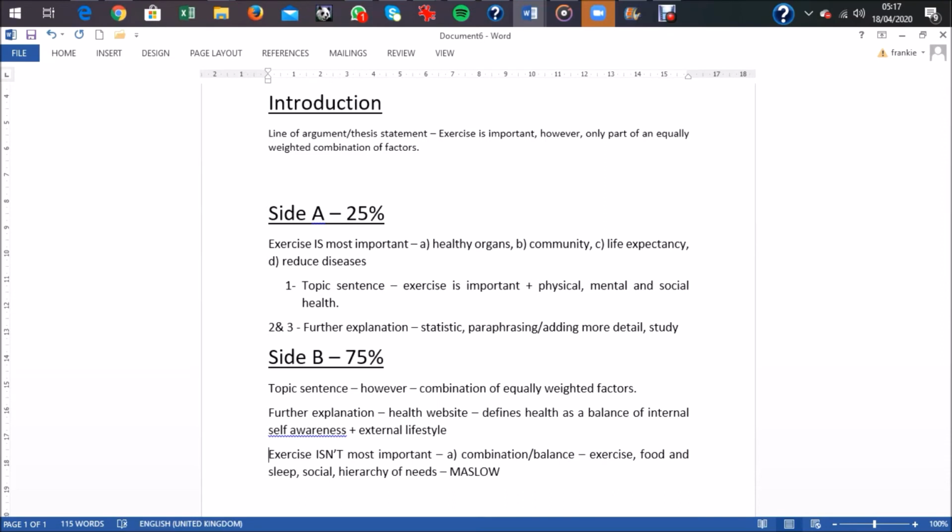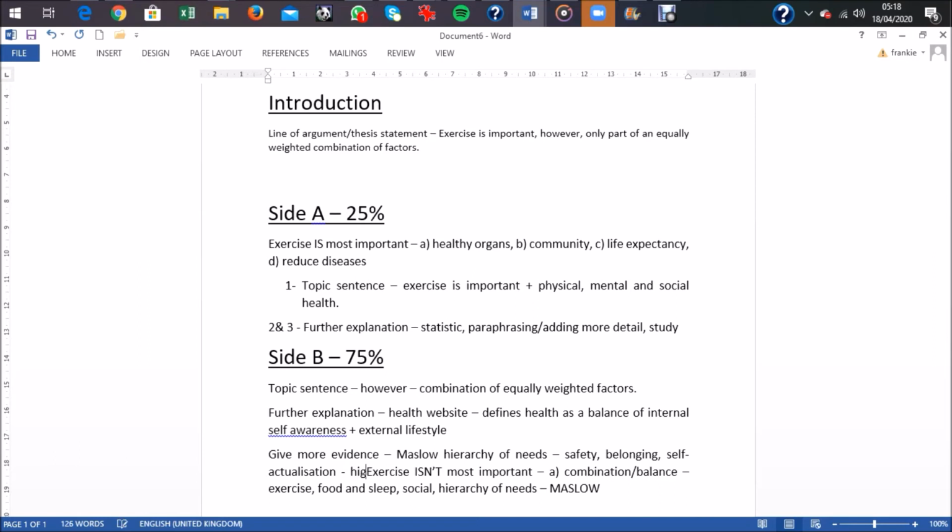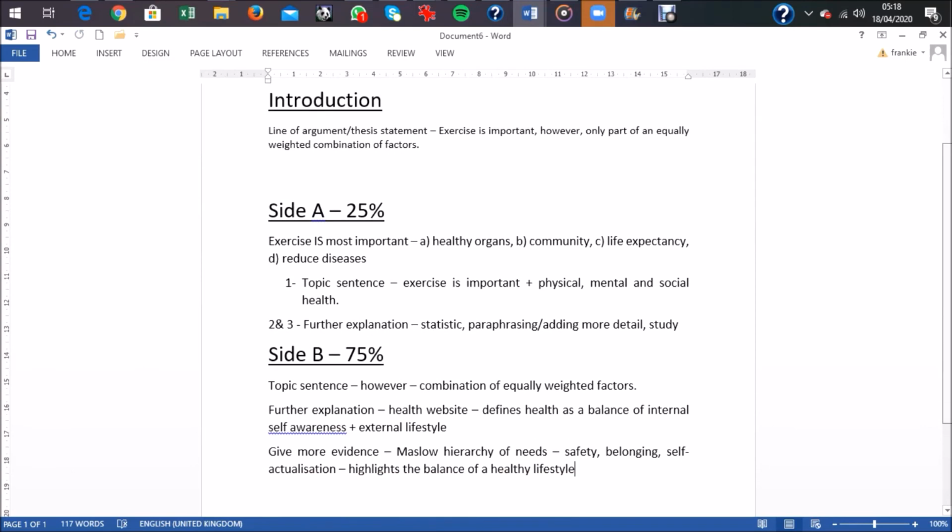And then you can maybe give a little bit more evidence. Maslow's hierarchy of needs, and cite the safety, belonging, self-actualization. This highlights the balance required, balance of a healthy lifestyle. Okay, so guys, you've got your opinion in there. So that's side B. So guys, go back to the introduction.